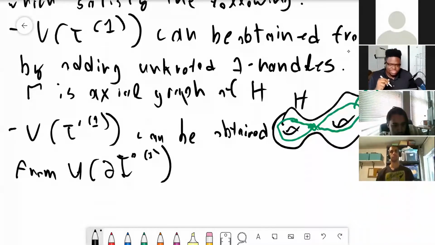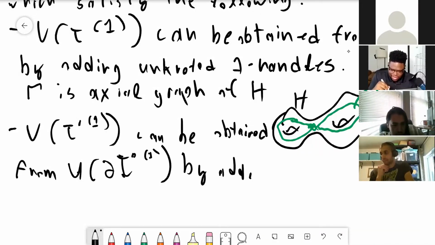And all this means is just take the triangulation and restrict it to the boundary, you get some triangulation of the boundary, right? So you take that triangulation of the boundary, you thicken it, and you should be able to start from there and get to the triangulation of the entire handle body for H prime. Similarly by adding unknotted one handles.